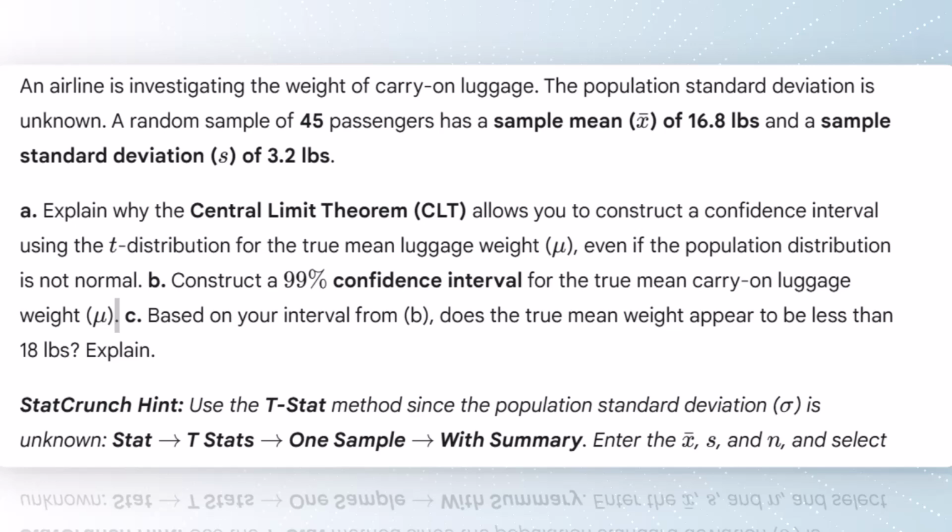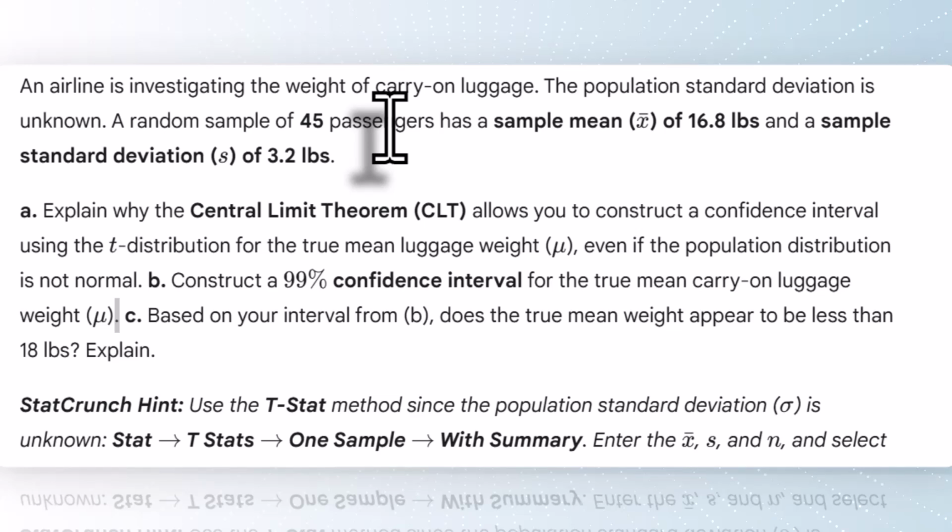And explain why the central limit theorem allows us to construct the interval. You notice, guys, they didn't say that the original population of weights of carry-on luggage is normally distributed. But if the sample size is 30 or more, we don't care what the original population is like.